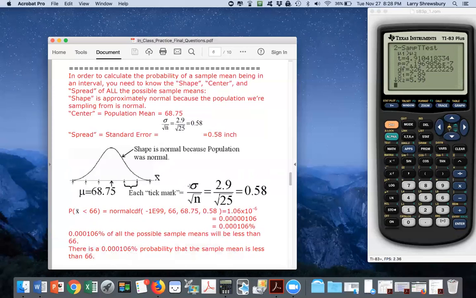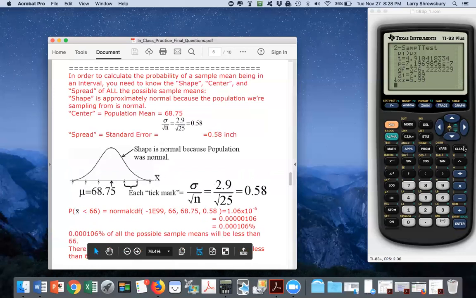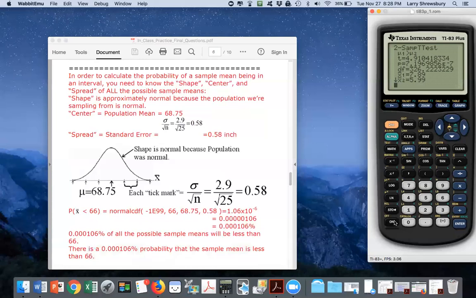Because now here's another thing you do. Well, where is this 66 on there? Well, let's do it this way. Let's turn that into a z-score. So if I do that, left parenthesis, 66 is the sample mean. How far does that deviate from the center?